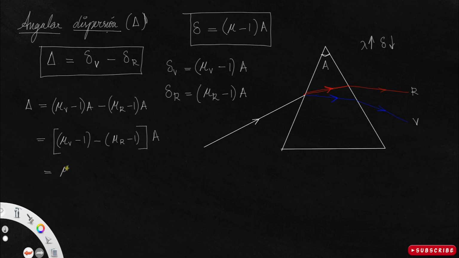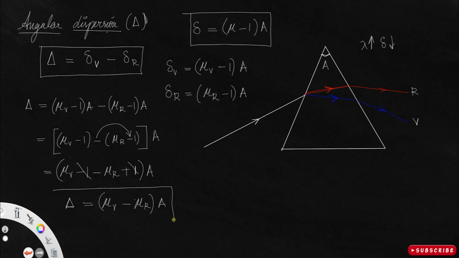So expanding, I'll get mu v minus 1 minus mu r, this minus and minus will become plus 1, into A. I can cancel this 1. So angular dispersion delta is actually mu v minus mu r times A. So this is the expression for angular dispersion.